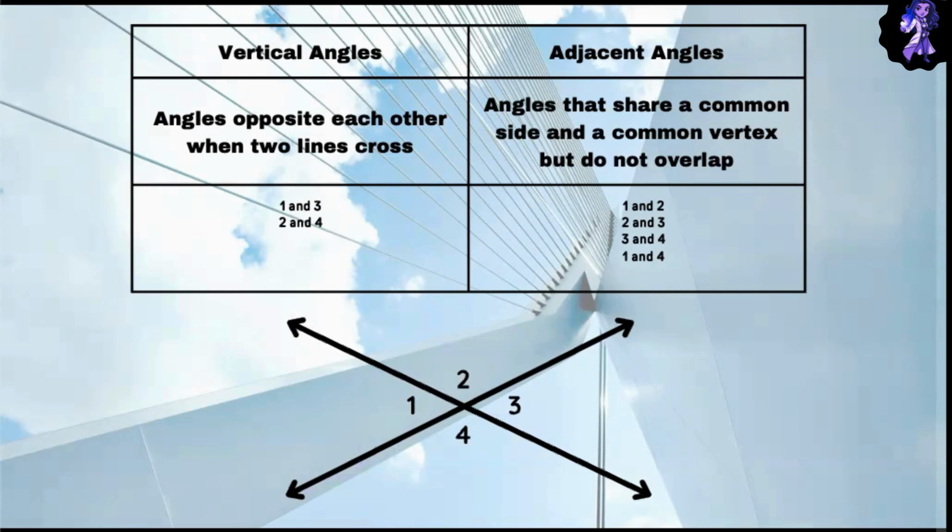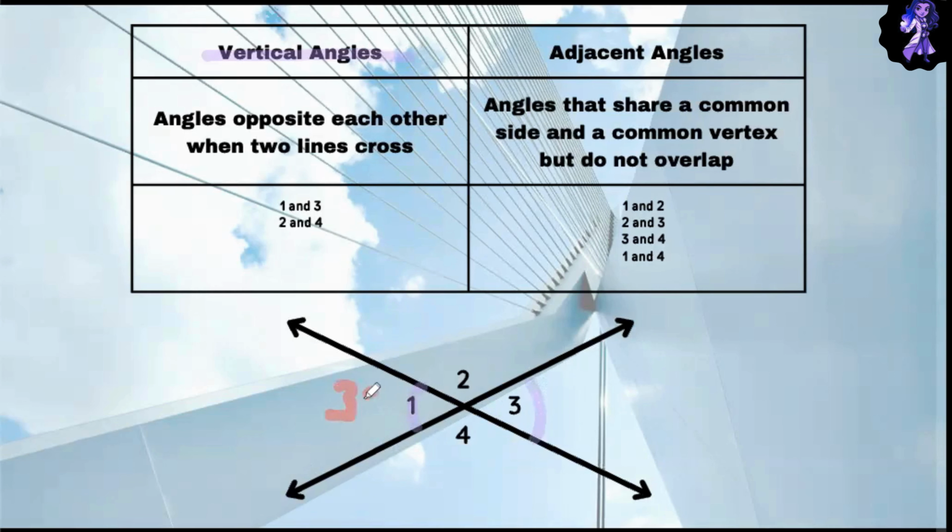First we can have what we call vertical angles. That is when you have this crisscross shape, and we know the angle measurements are going to be exactly the same if they are opposite to one another. For example, angle 1 and angle 3 are going to be the exact same measurement.